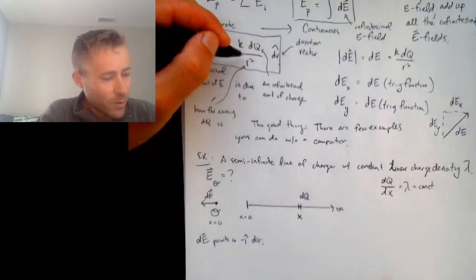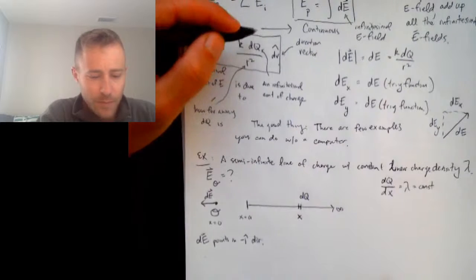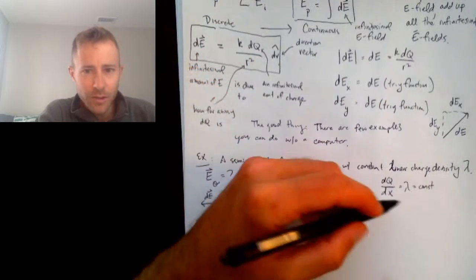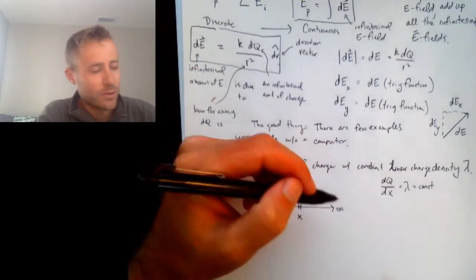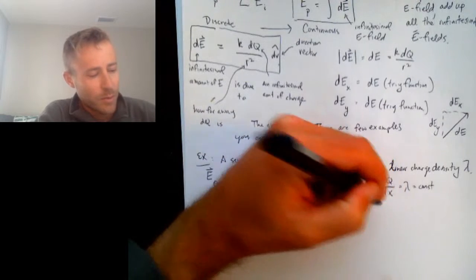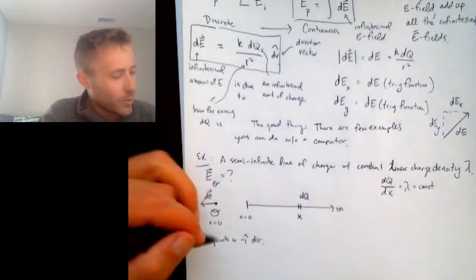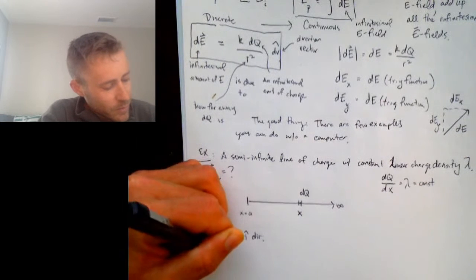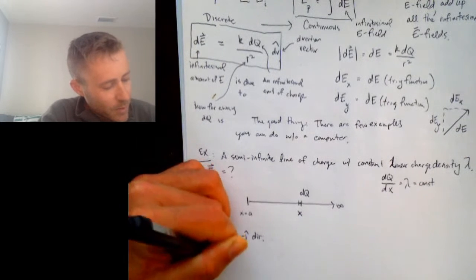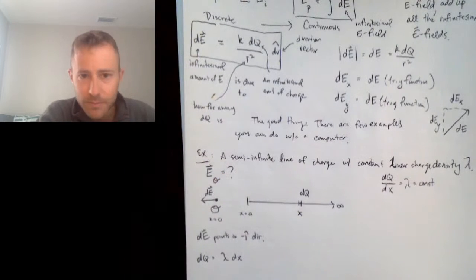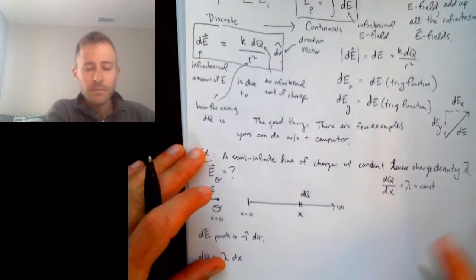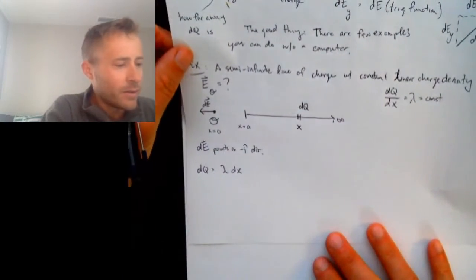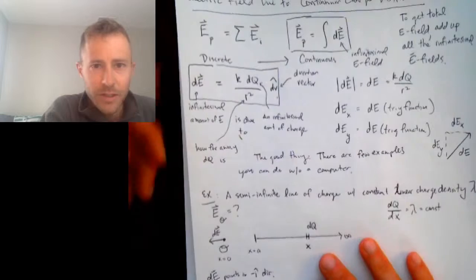Furthermore, we need to figure out what dq is. If we take the definition of linear charge density and multiply both sides by dx, we get dq equals lambda dx. Then what's the other part of dE?